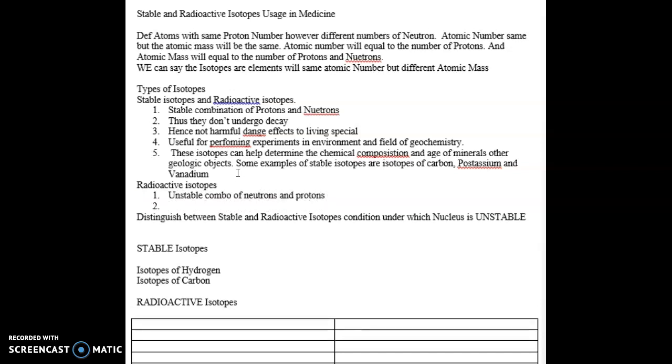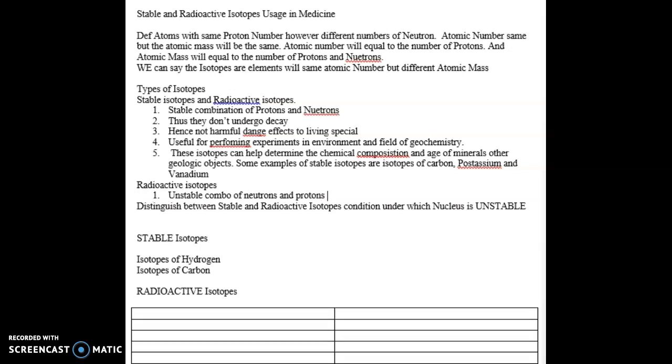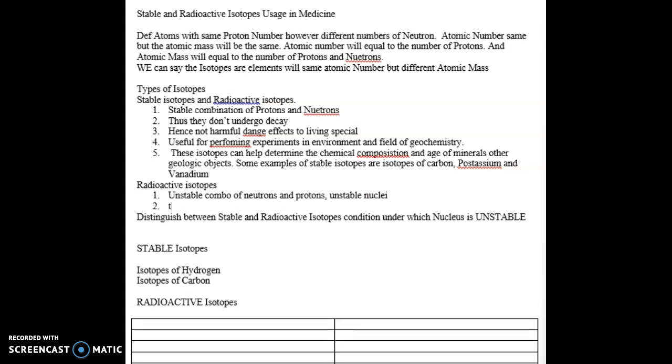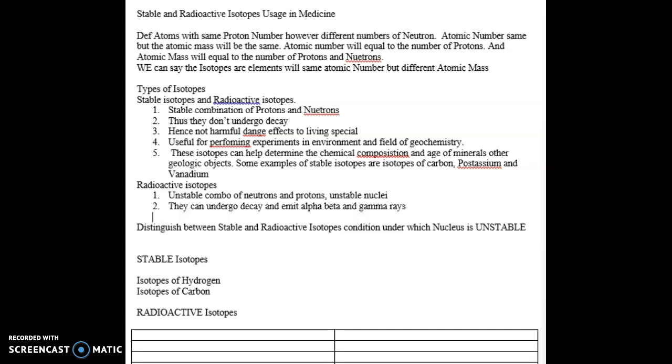Therefore they have unstable nuclei, and they can undergo decay. They can undergo decay and emit alpha, beta, and gamma rays. So now, like I said, those are the two basic definitions.